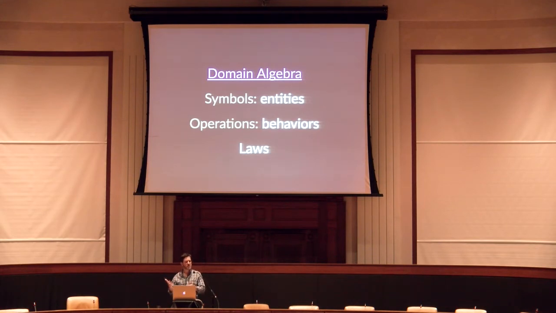Our business logic. And then the laws. These are the rules that say you can't have -1 items in your shopping cart. That doesn't make sense. Or all those boundaries that describe how you can perform some operations, but only in this context.